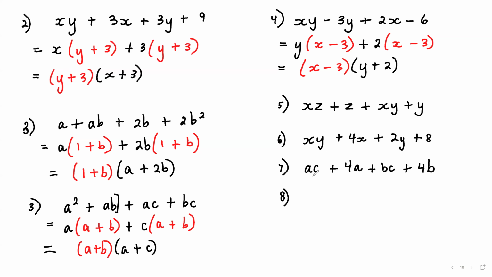Do some different signs now. xy minus 2x plus 4y minus 8, and xy minus 3y plus 4x minus 12.